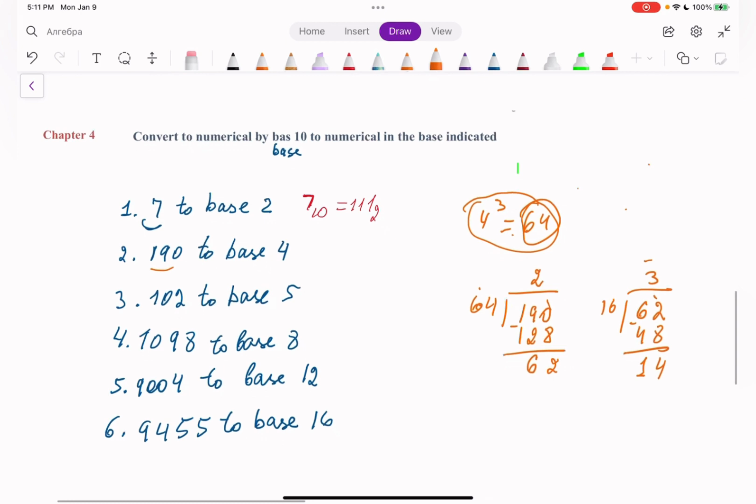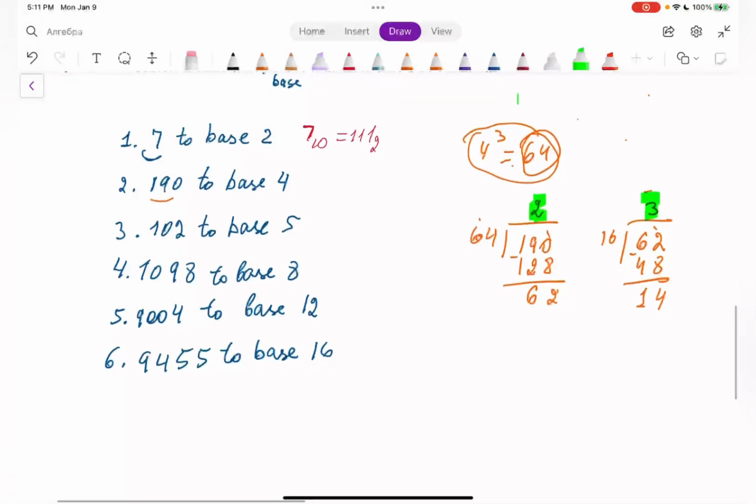Okay, so these numbers are part of the answer, 2 and 3. Now 14, I'm taking this 14. I can divide by 4 to what degree? 4 to degree 2 is 16, which means it's beyond 14. So 4 to power 1, which is 4.